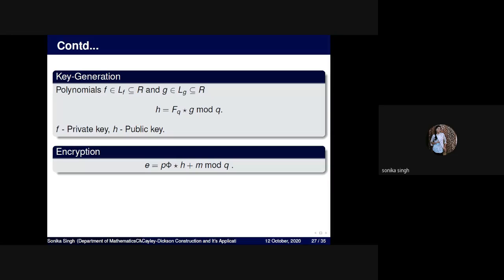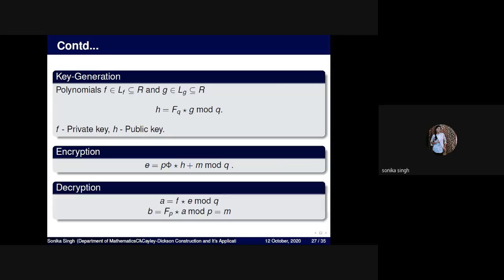Now, in the encryption process, to get the ciphertext from the message m from Lm, the user first chooses a random blinding polynomial phi from Lphi from the parameter sets, and then with the help of the public key h, he computes e as p phi h + m modulo q. e is the required ciphertext, which he sends to the receiver.